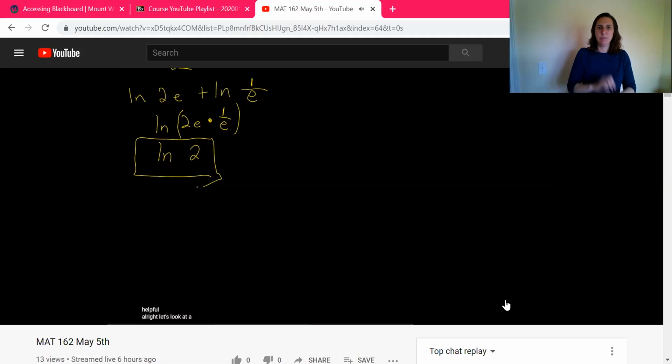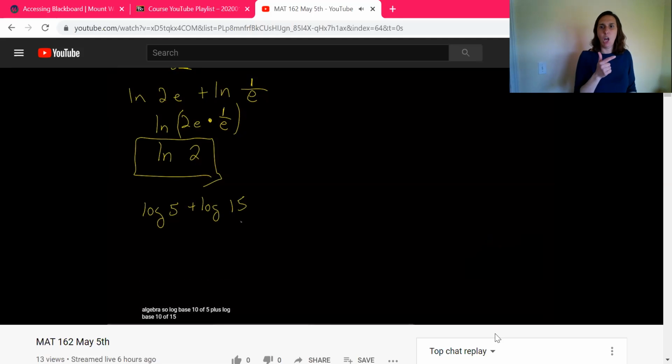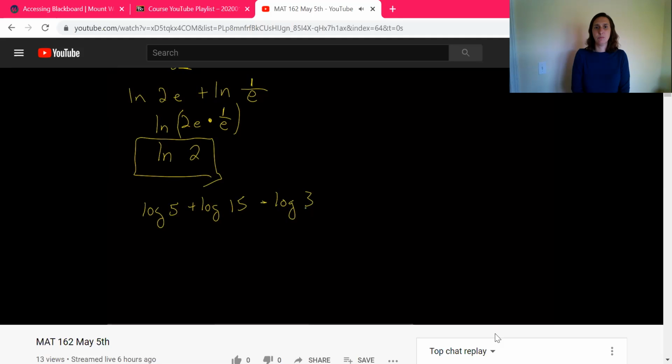All right, let's look at a couple more compressional forms of algebra. So log base 10 of 5 plus log base 10 of 15 minus log 3. Well, we can do this a couple ways.